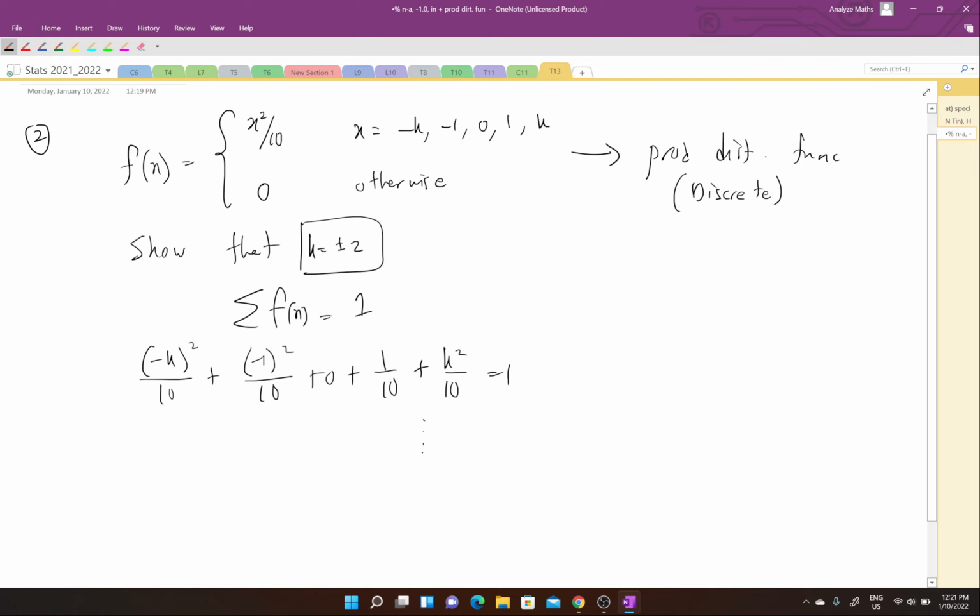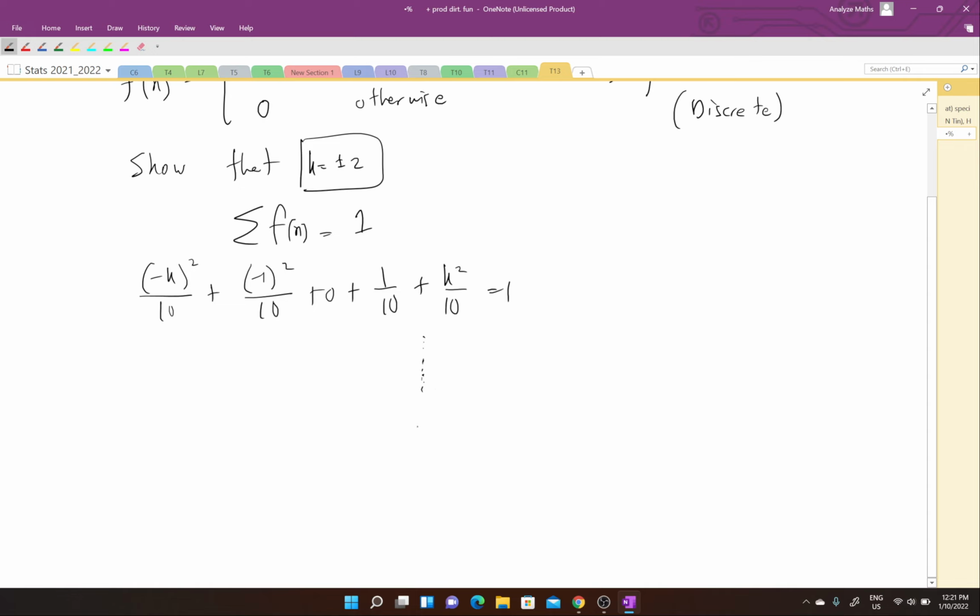All you have to do is the computation and then show that it is plus minus 2. So you can write here, it is shown.